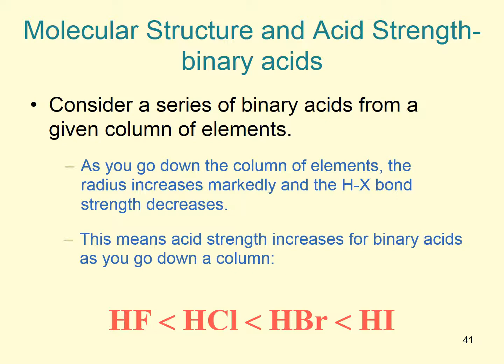So you can see if you're going down column 17, HF will be weaker than HCl, which is weaker than HBr, which is weaker than HI. If you looked at column 16, you would say, okay, H2O is a weaker acid than H2S, which is weaker than H2Se, which is weaker than H2Te.